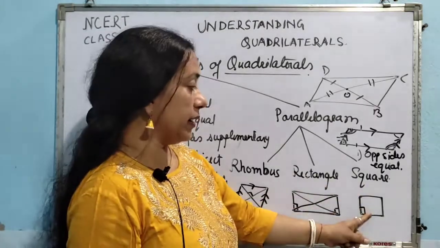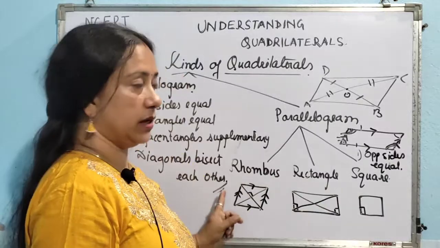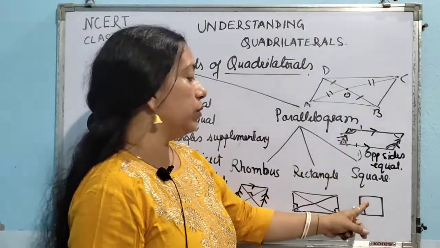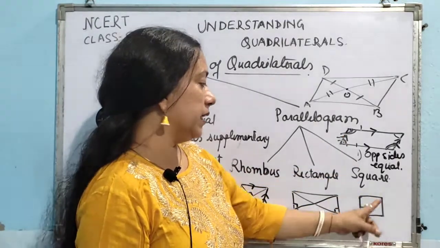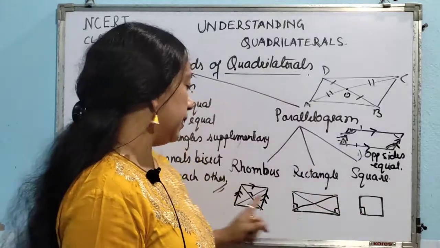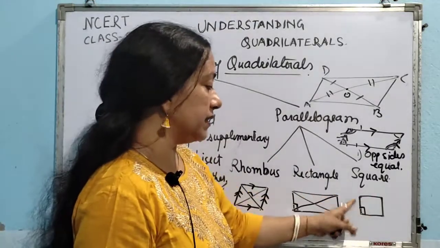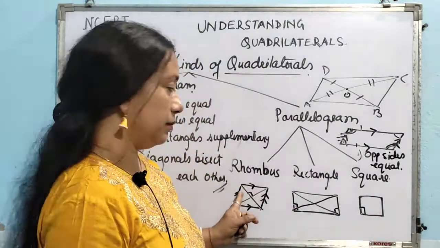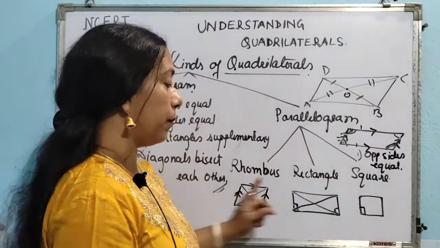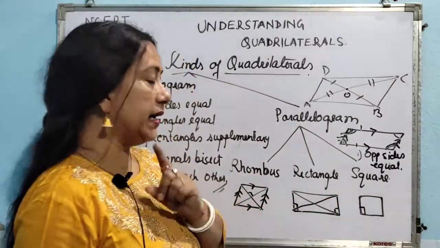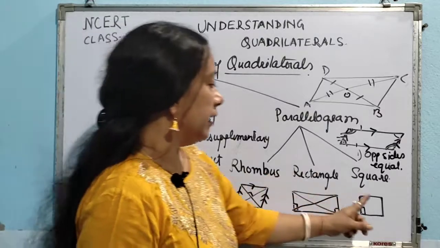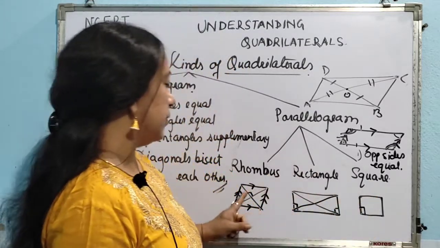Now coming to square, since a square is a rhombus and a rhombus is a parallelogram, we can say that in case of square, the diagonals will be bisecting each other perpendicularly because it is a rhombus, so it will hold the properties of a rhombus. One additional thing is how a square is different from a rhombus.